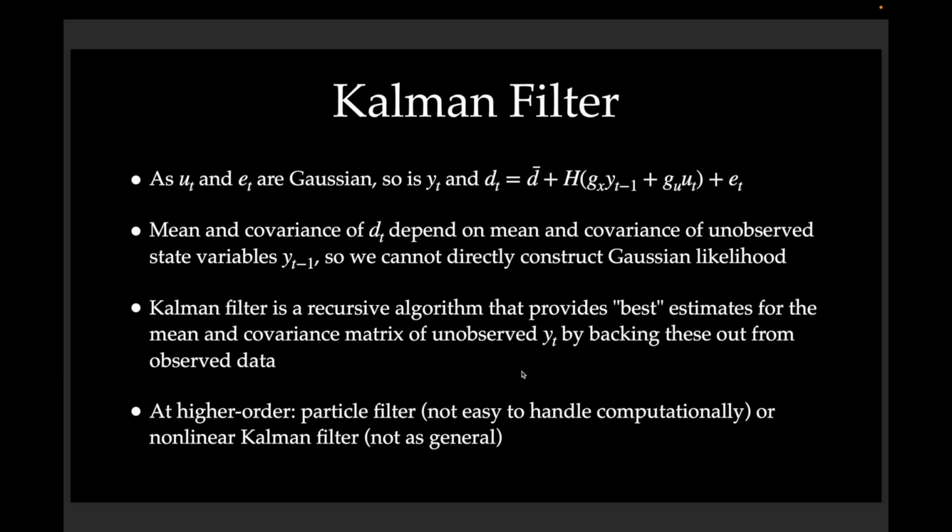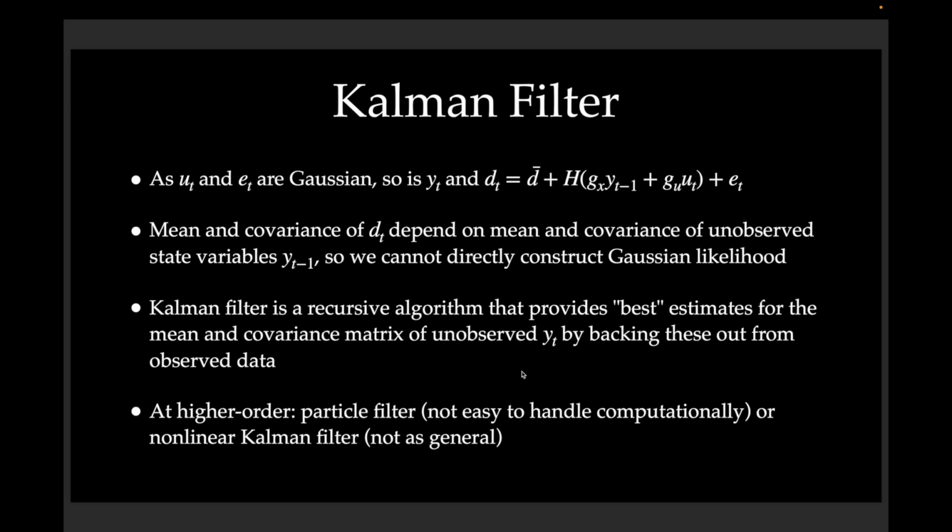So we cannot really construct the Gaussian likelihood directly, but the filter enables us to compute recursive best estimates for this mean and this covariance matrix of the unobserved y_t by backing these out from real data and our predictions that we make given a certain information set.